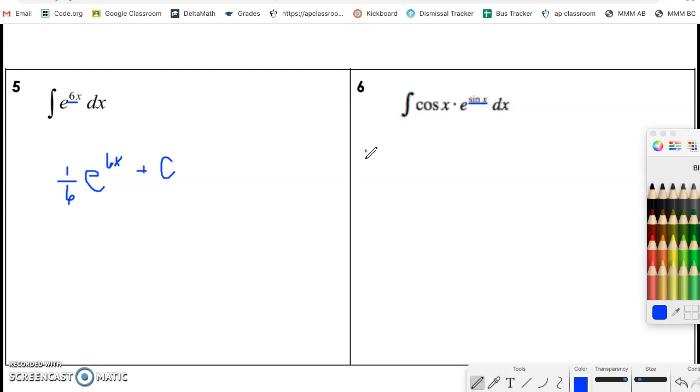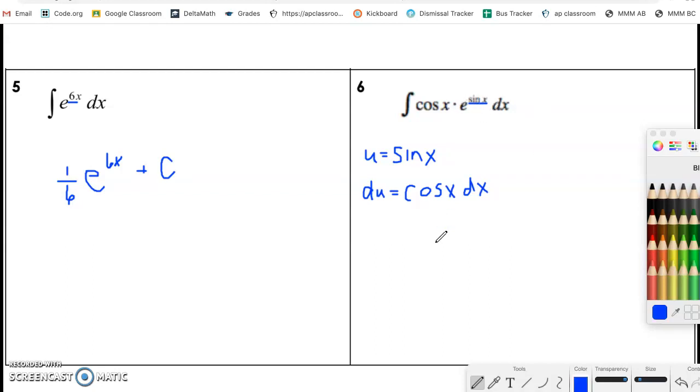So I'm going to use u substitution here. u equals sine x, and I'm going to say du equals derivative of sine, which is cos x dx. So pretty easy, use substitution here.